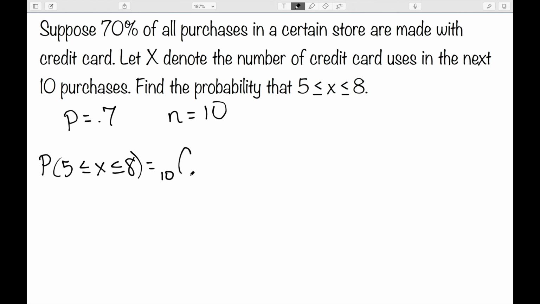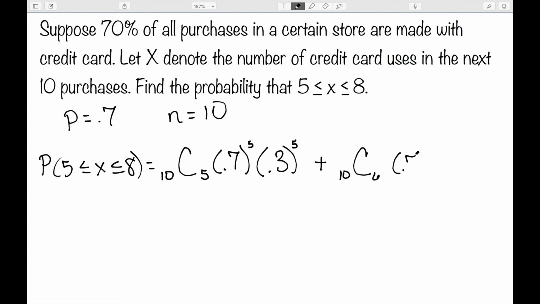That would be n choose 5 times p to the 5th times 1 minus p to the n minus 5. So that would just be 5. I also need to include 6. So we have 10 choose 6 times 0.7 to the 6, 0.3 to the 10 minus 6.